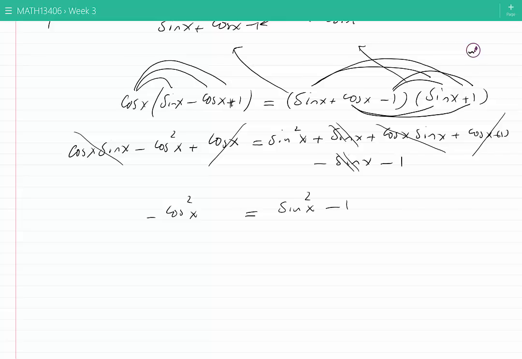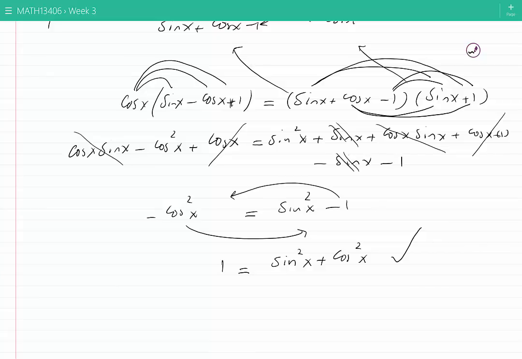If we take the cos squared of x to the right of this equation and minus 1 to the left, we would have 1 is equal to sin squared of x plus cos squared of x, which is something we know to be correct. Now we need to show that we can repeat all of these procedures backwards.